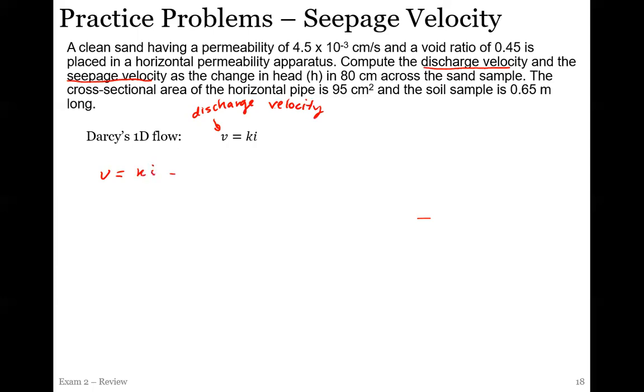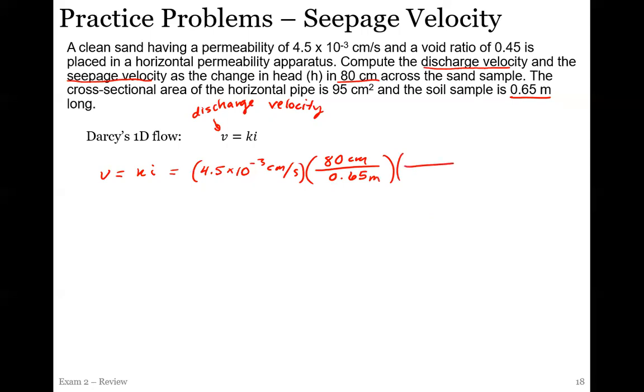K is equal to 4.5 times 10 to the negative 3 centimeters per second. Our i is our change in head over the length that it is flowing. So 80 centimeters divided by 0.65 meters. And then we need to convert this 0.65 meters into centimeters.